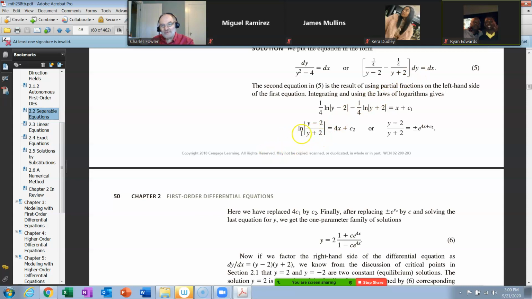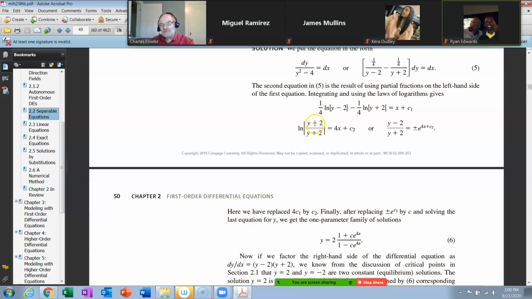Once you get this form, log of this, certainly y equal minus 2 is not going to work at all, because that would be the log of an infinitely large number, or approaching 0, and that doesn't exist. So that's the other reason.